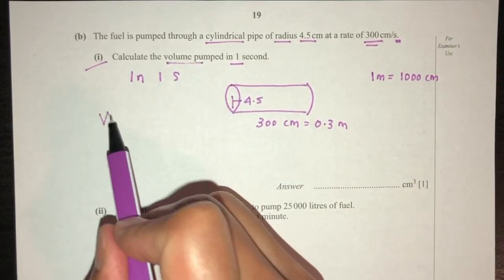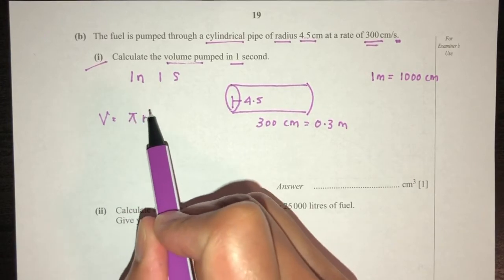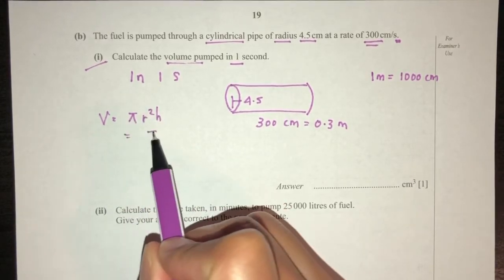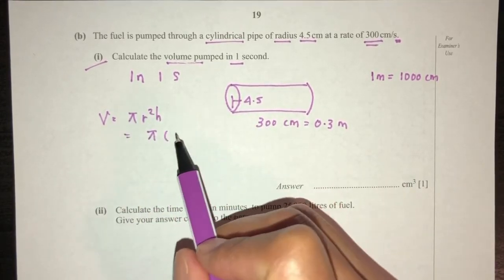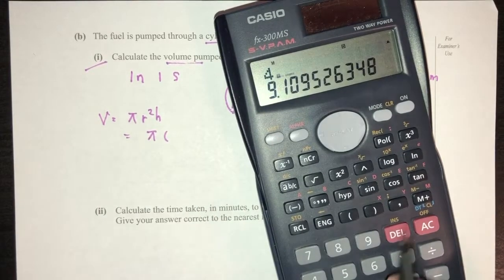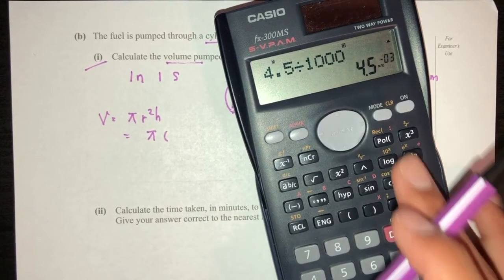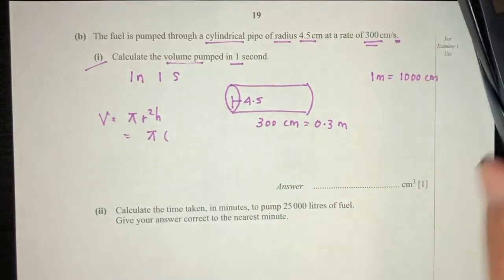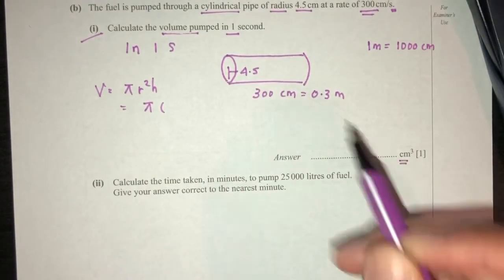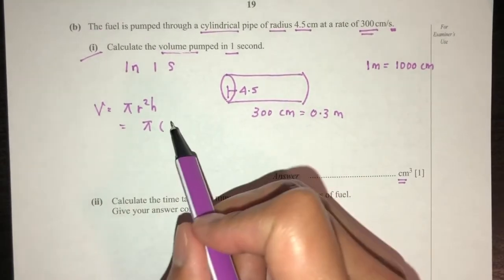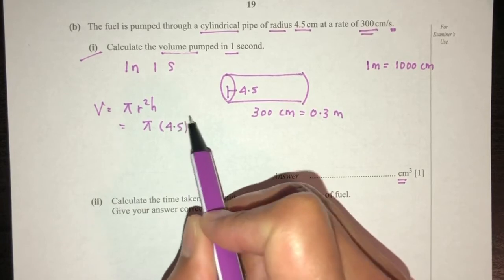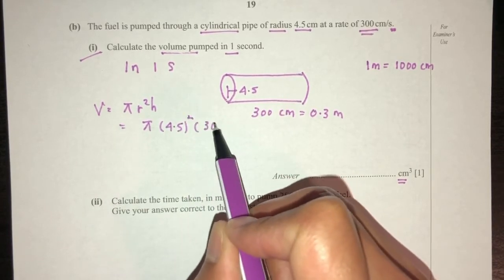So volume is equal to pi r square h. Pi is pi. R square will be, so what is 4.5 divided by 1000? Oh, our answer just needs to be in this, so we don't need to convert. That's okay. We can just use 4.5 square. H will be 300.